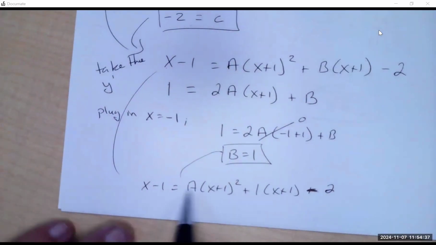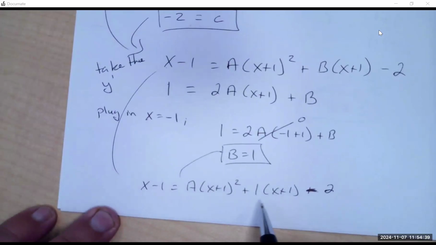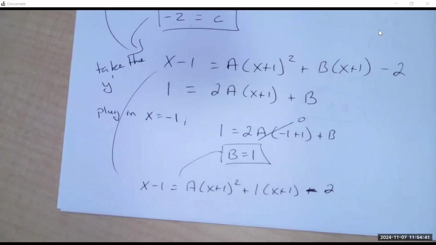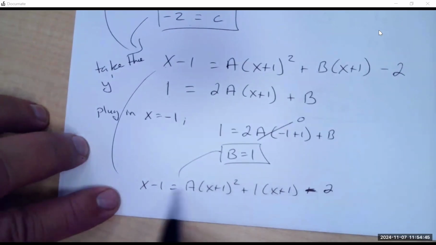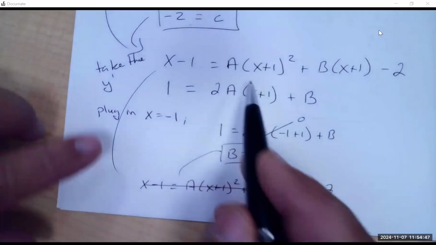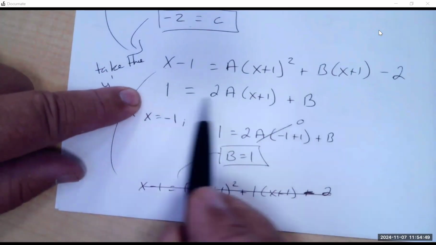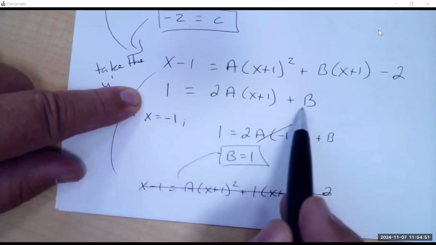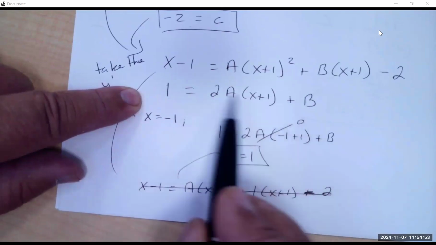That'll take us a long way, because the next step we have to differentiate again. If we did this, we have too many terms. Let's just differentiate this one we have.